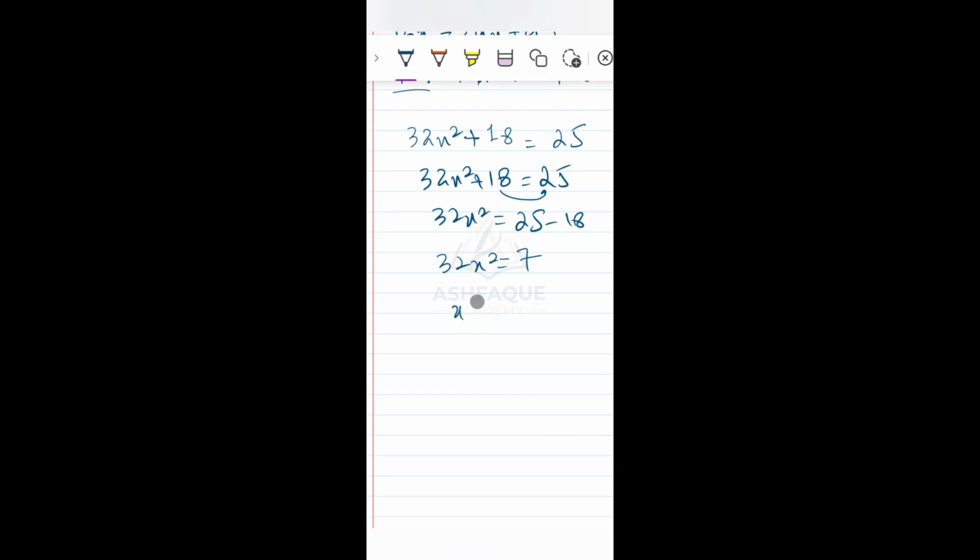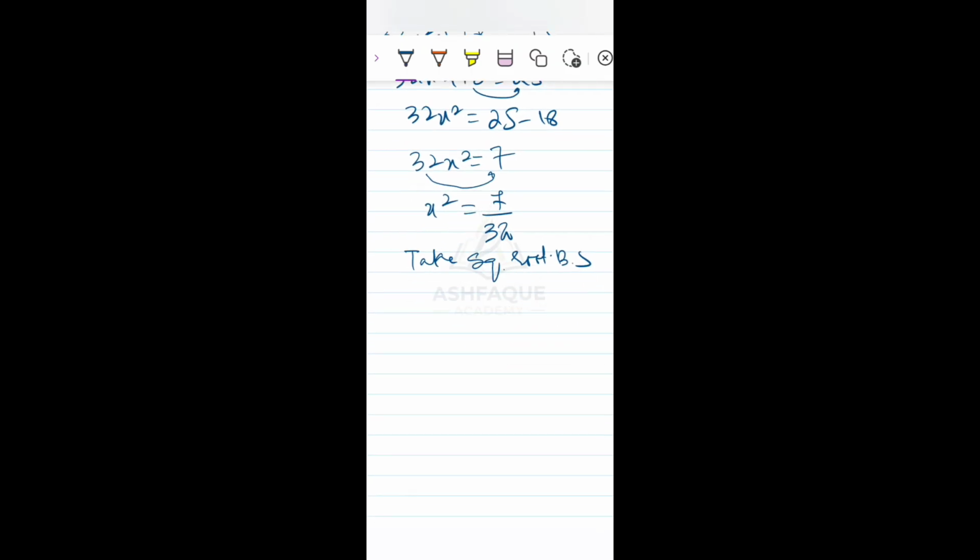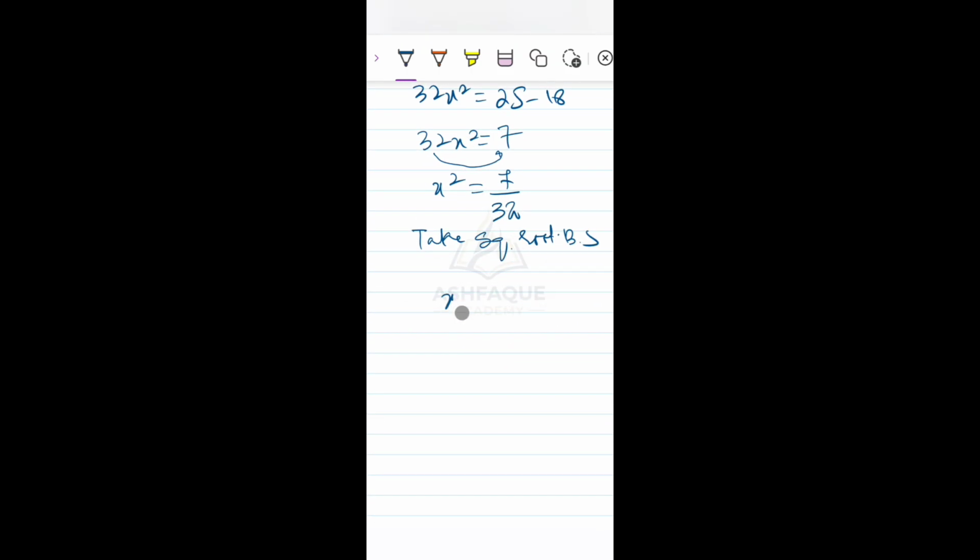So 32 is multiplied with x square; when we shift it to the right hand side, it will divide. So x square is equal to 7 upon 32. We will take the square root of both sides. So x is equal to plus minus square root of 7 upon 32. That is the answer.